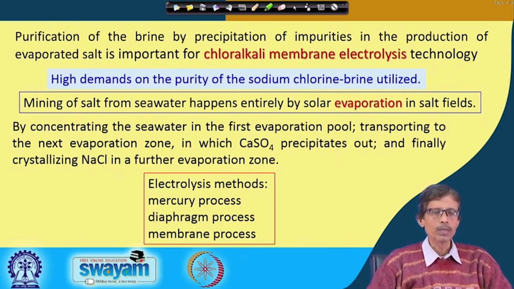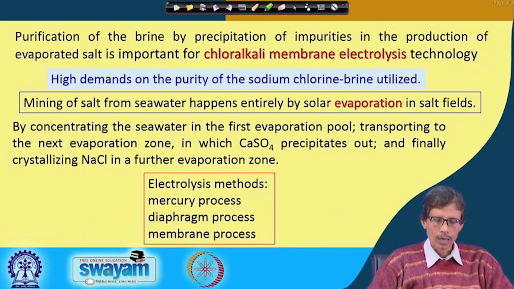Industrial people should have the know-how for that particular process, and modification is going on with time. The first one is the mercury process. Why do we use mercury? We know that mercury itself can be an electrode in liquid form, and it can serve as a good cathode in the electrolytic chamber during electrolysis.